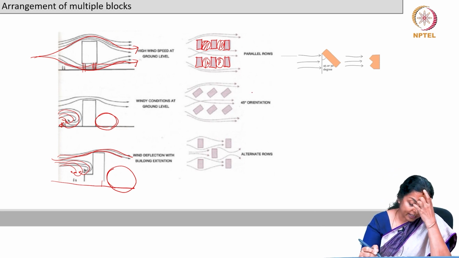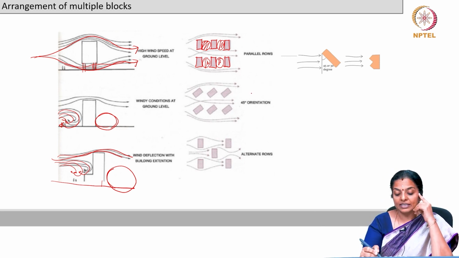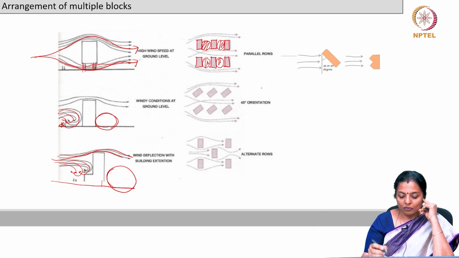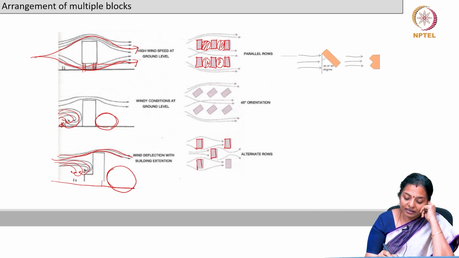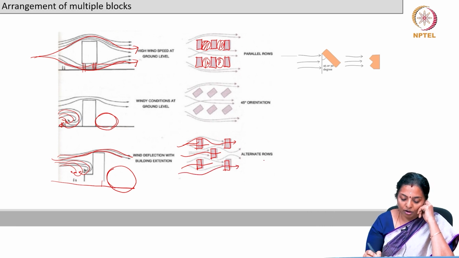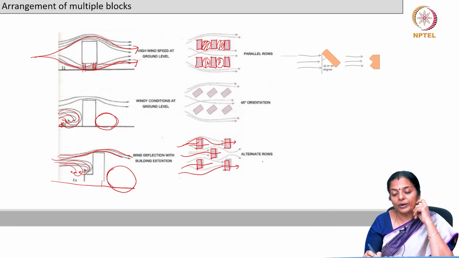Staggering at 45-degree orientation also causes a wind shadow region, but it is slightly better off than the parallel row. Whereas in this case, when you stagger the blocks, you facilitate the air to move inside the building, through the building. So, every block gets adequate ventilation.